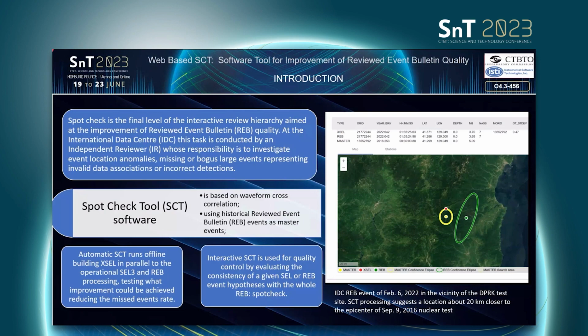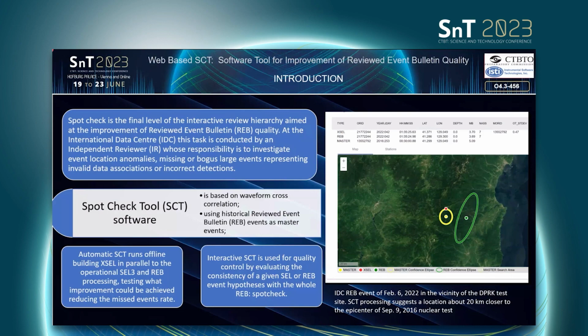So let's formally define the spot check. The spot check is the final level of the interactive review procedure, which is aimed at the improvement of the quality of the IDC bulletin. So Spot Check Tool software is based on the idea that waveform cross-correlation can be used for signal detection and phase identification. In SCT software, we cross-correlate waveforms around arrival times of events from IDC bulletins.